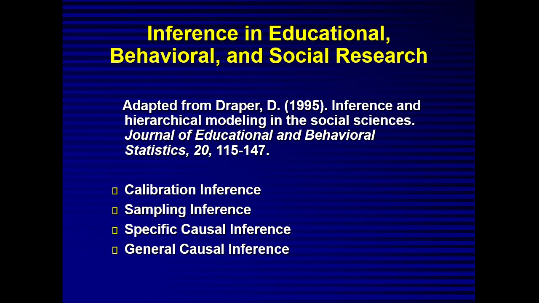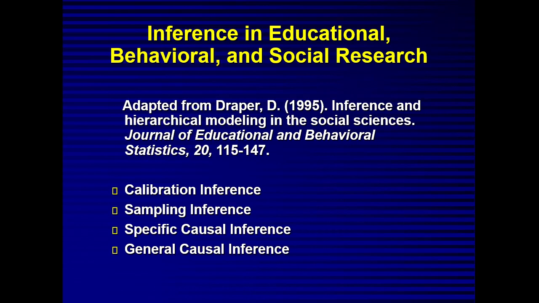To understand these, you should start with thinking about my previous presentation about 2 general types of inferences that we make. One to the population of units that we are sampling from, and one to the population of all possible randomizations that we could do in an experiment. The first type of inference I refer to as population inference.